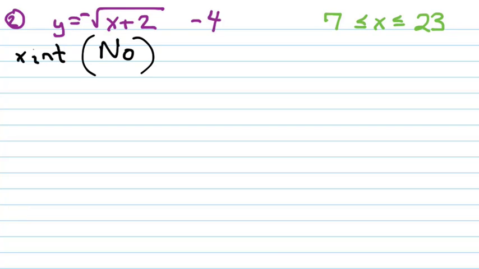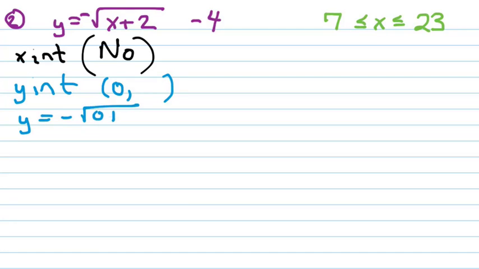but the y-intercept is still found the same way. So you're going to have 0, some number. And so y is equal to negative square root of 0 plus 2 minus 4. This is one where this is going to become a decimal, because negative square root of 2 minus 4, I don't know what the square root of 2 is. It's not one I can actually find by hand. So I can do it with a calculator.